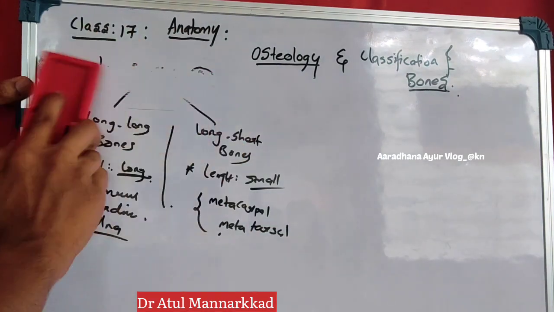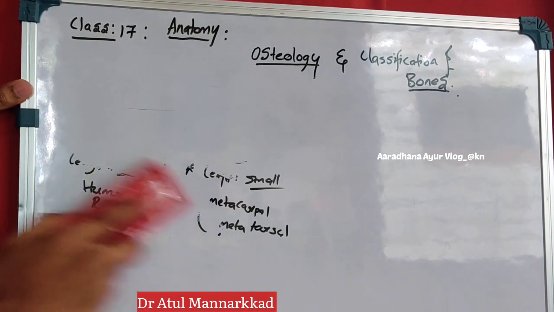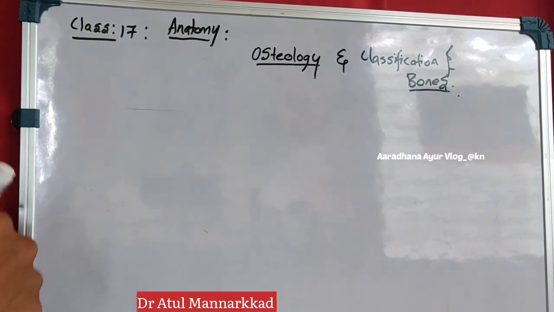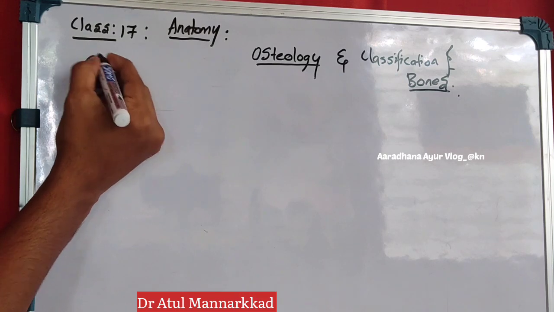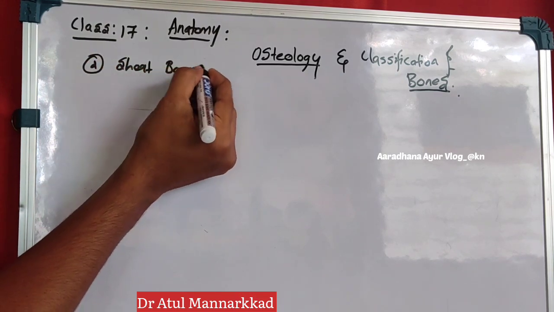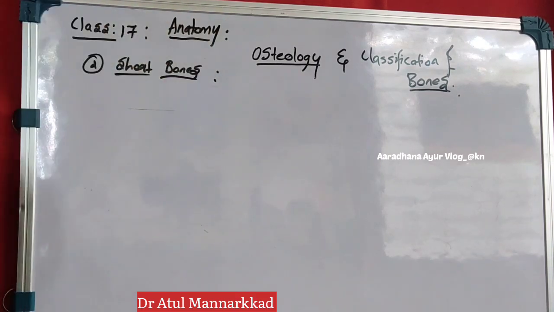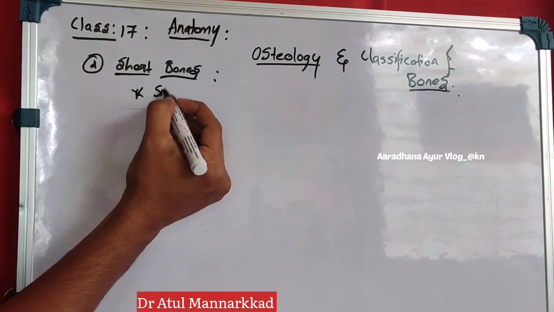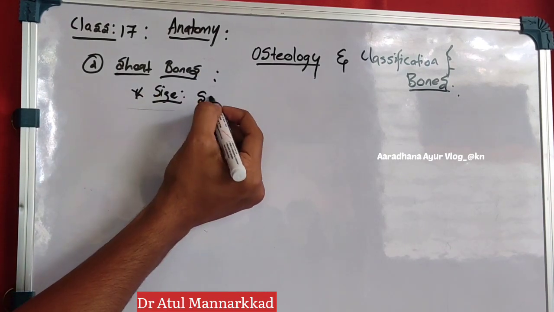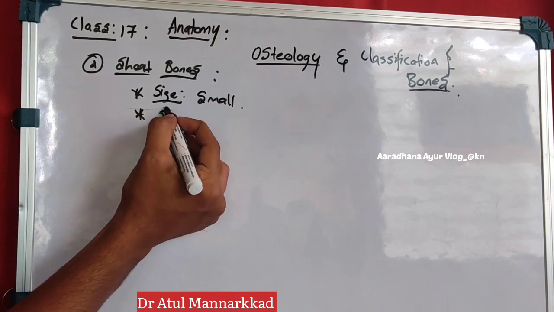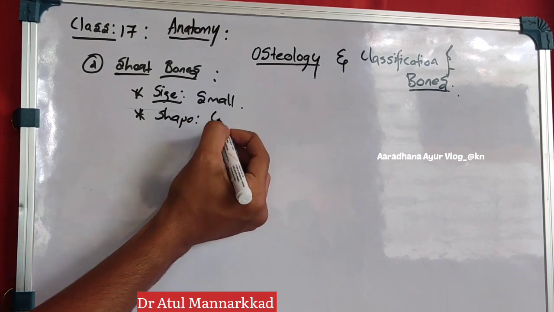Next, let's discuss according to the shape and size. Long bones are classified again into two, long bones and long short bones. The second type is the short bones. As the name suggests, short bones are small in size compared to long bones, and they are cuboid in shape.